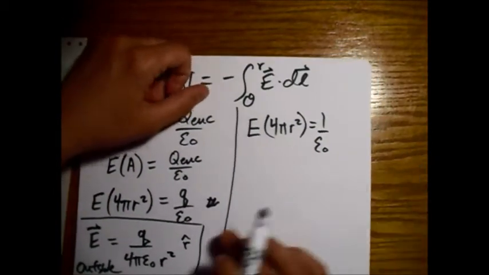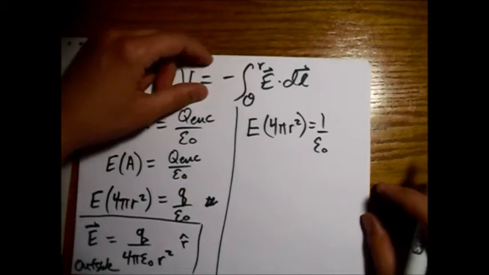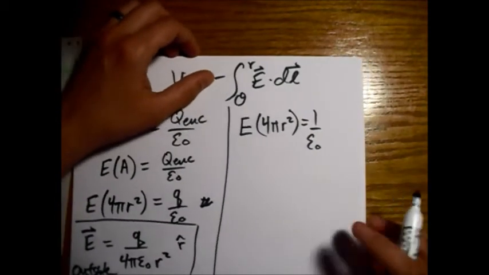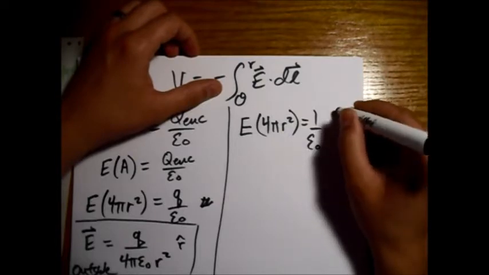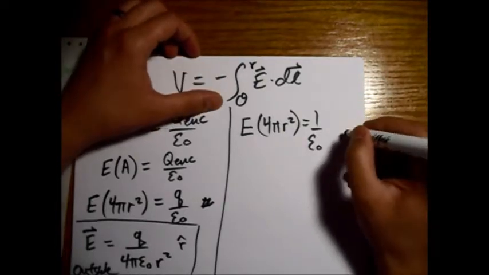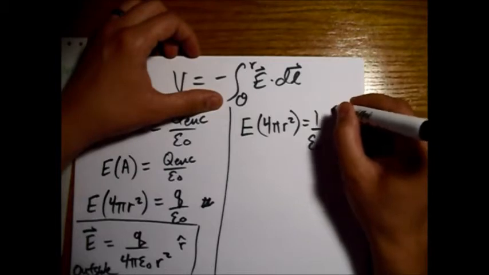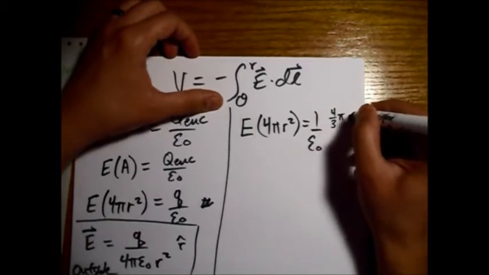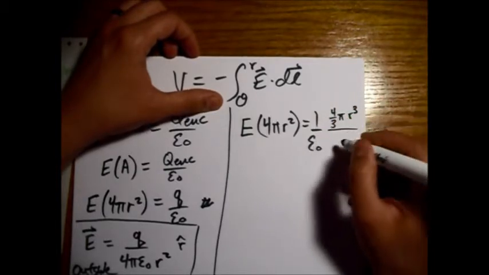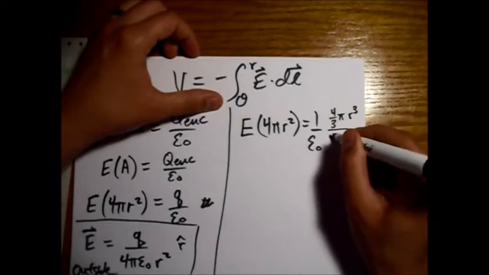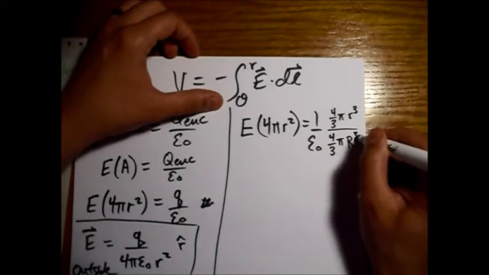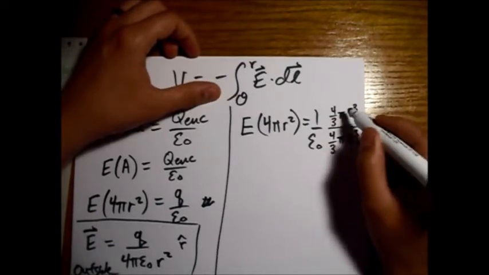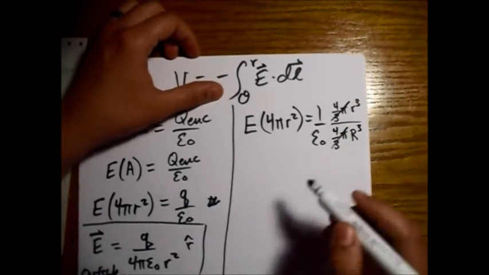Well, it's just the ratio of the two volumes because the charge is uniform. So we have the volume of the small sphere over the volume of the whole thing. The volume of the small is 4/3 pi little r cubed, and the volume of the big is 4/3 pi big R cubed. And the 4/3 pi cancels right out.